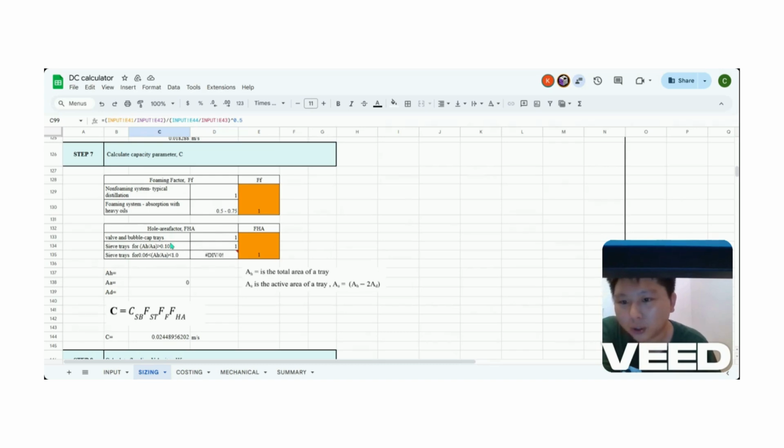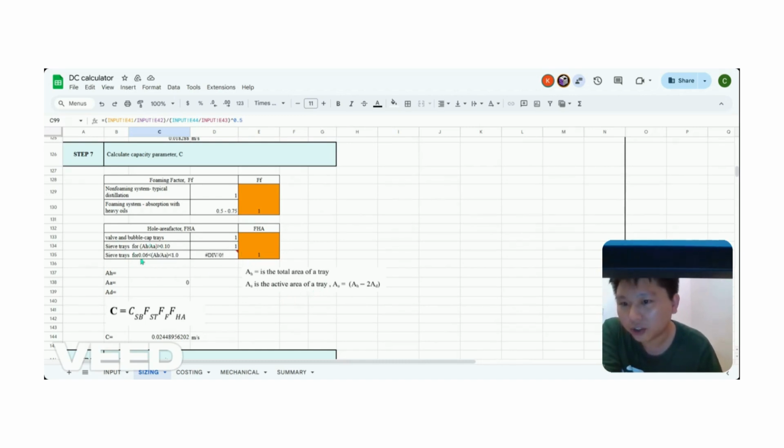Next, we'll proceed with the hole area factor. For the hole area factor, if it is a valve and bubble cap tray, it will have an FHA value of 1. If it is a sieve tray with a ratio of AH over AA greater than 0.1, whereby AH is the total hole area of a tray, while AA is the active area of a tray, then it will have a value of 1.